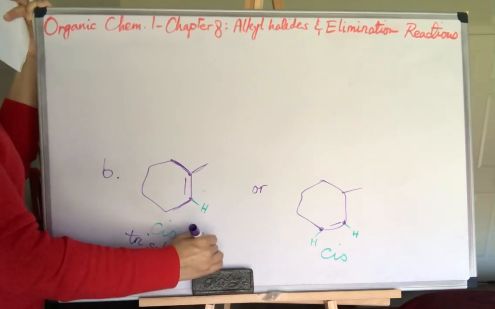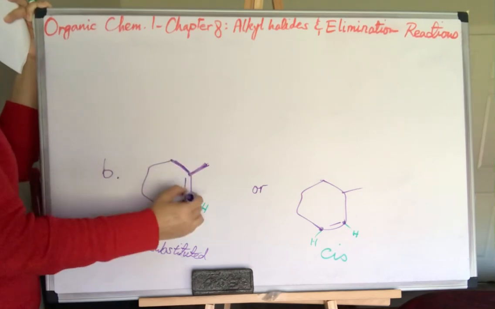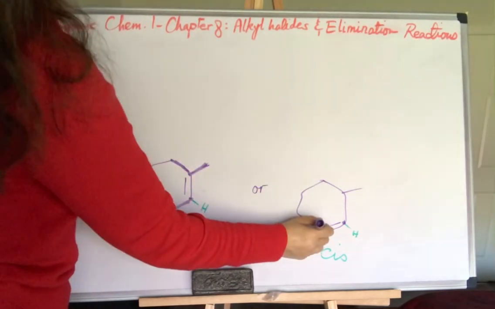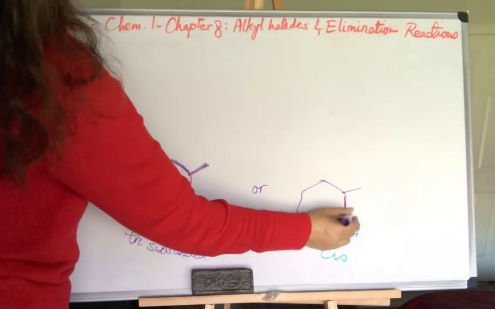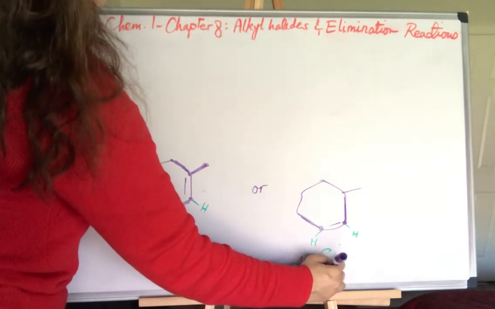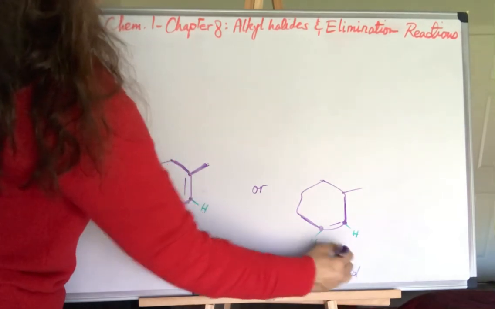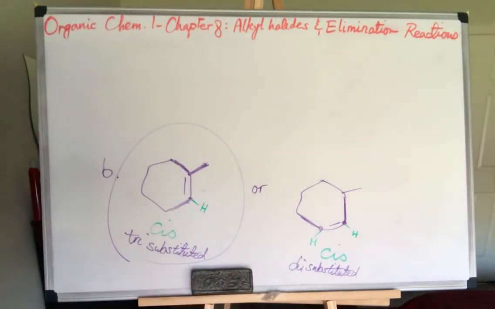You see that? 1, 2, 3. Here you have 1 and 2 because the others are hydrogens, so it's di-substituted. Between di-substituted and tri-substituted, which one is the winner? Tri-substituted, right? We just learned about the stability.